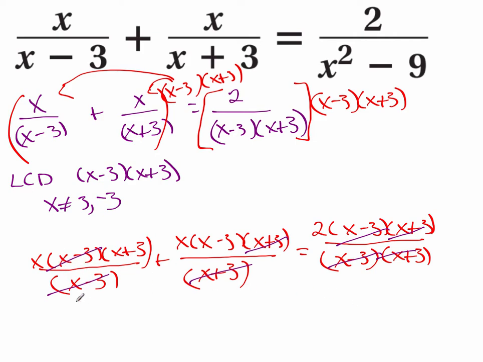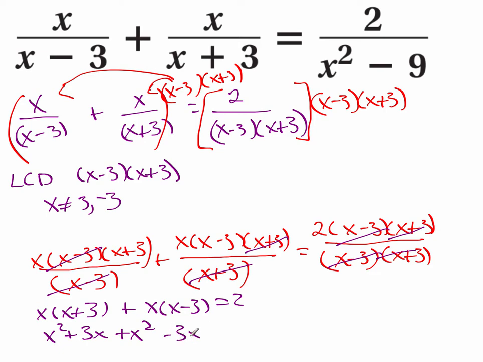Let's multiply out what we have left. I have (x plus 3), plus x times (x minus 3), and this has to equal 2. So now it's just a regular old problem. x squared plus 3x plus x squared minus 3x is 2.